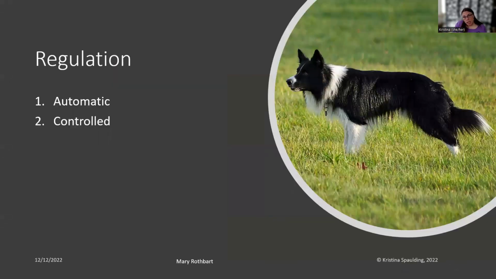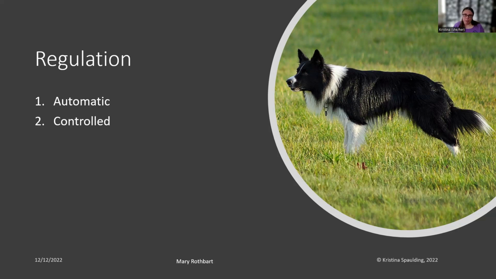So remember, the second R is regulation, and that regulation can be automatic or controlled. So when we're talking about automatic, that means things like attentional biases. So when you are operating in your environment, there are many, many things in the environment that you are not paying attention to. The same thing is happening with dogs.